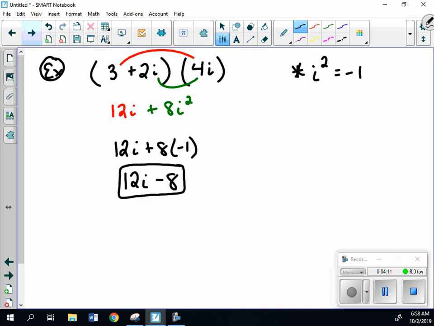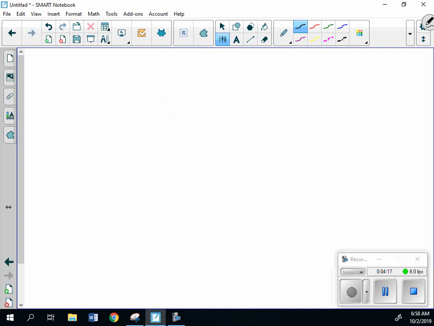Division. Before we actually get to division, we have one more thing to talk about. A complex conjugate. A complex conjugate are complex numbers with equivalent real parts and opposite imaginary parts. So it's almost easier if I just give you an example.